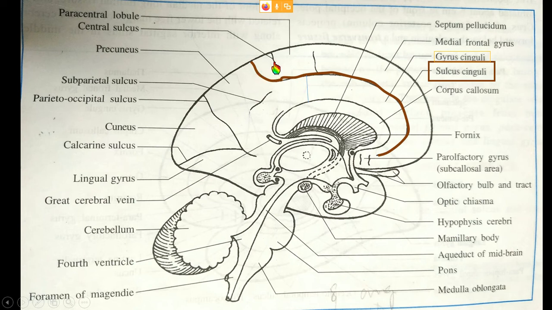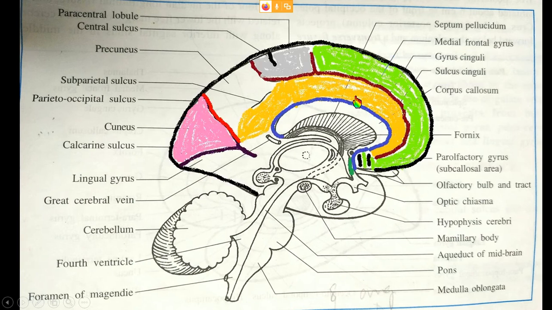If you revise the central sulcus of Rolando, it extends onto the medial surface. So behind the central sulcus of Rolando, we can identify the posterior end of the cingulate sulcus. The area between the cingulate sulcus and the corpus callosum is termed the cingulate gyrus.